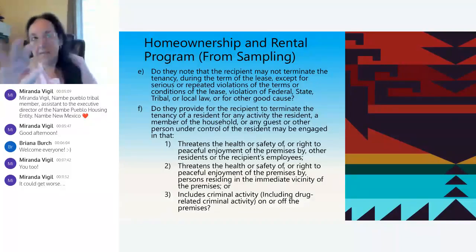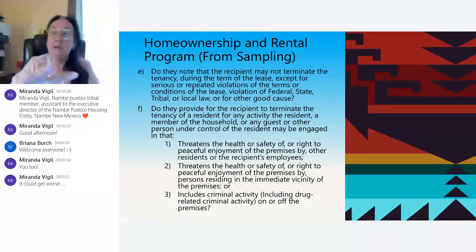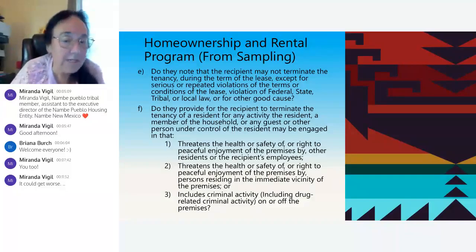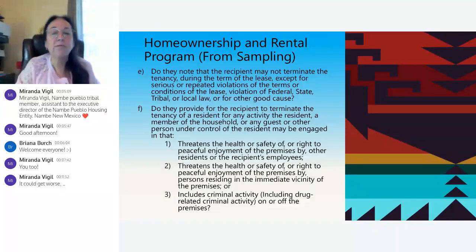Okay, this is the way the safety of your housing staff is taken care of. It threatens the health or safety or right to peaceful enjoyment of the premises by persons residing in the immediate vicinity of the premises. It includes criminal activity, including drug-related criminal activity on or off the premises.